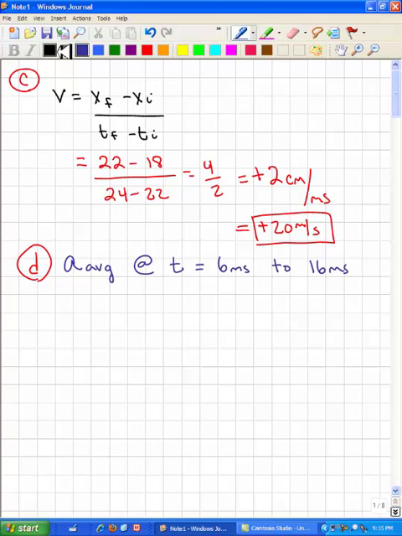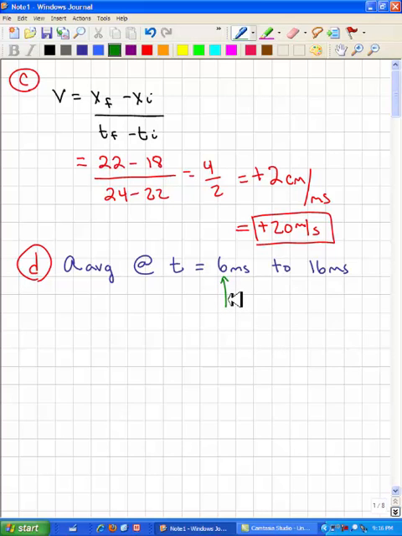Now, if we use the information we have already found in B and C, we have to remember our slopes are relatively constant at 6 milliseconds and relatively constant at 16 milliseconds. So, remember what we know.